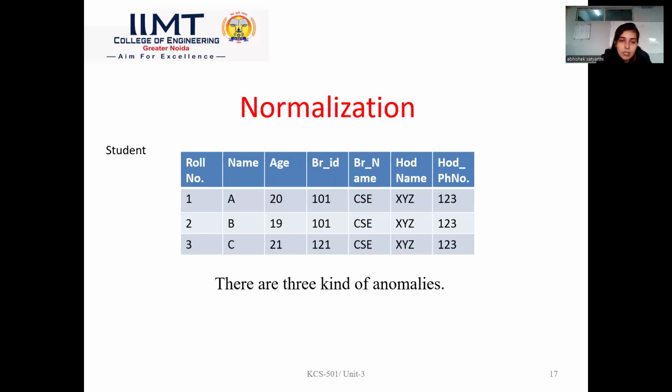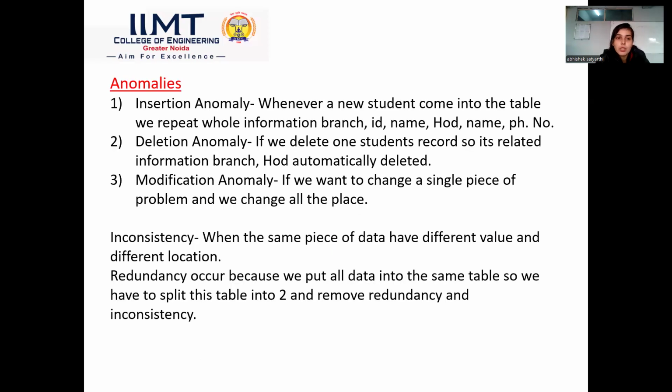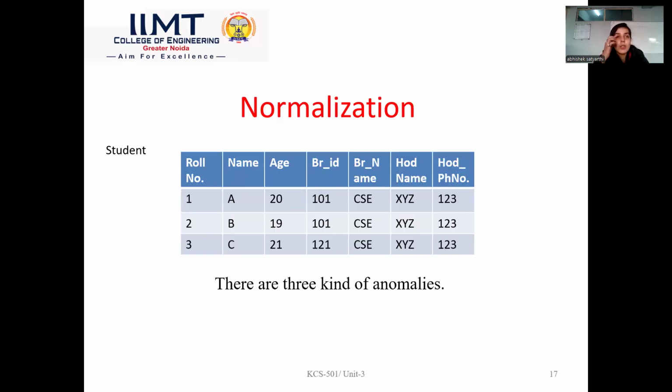So let's take one example. I have a relation Student, and we have a total of 7 attributes: roll number, name, age, branch ID, branch name, HOD name, and HOD phone number. The first one is insertion anomaly. What actually is insertion anomaly? Insertion anomaly means there is a problem while you are going to insert some value.